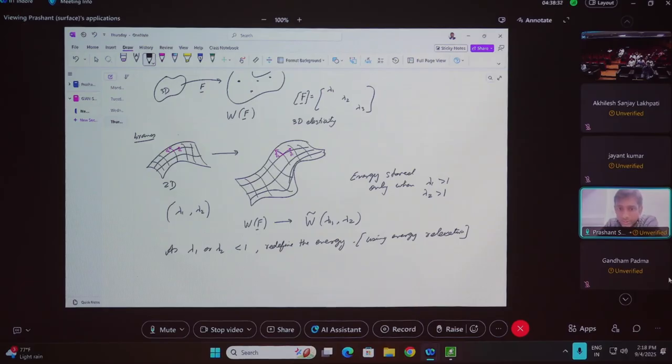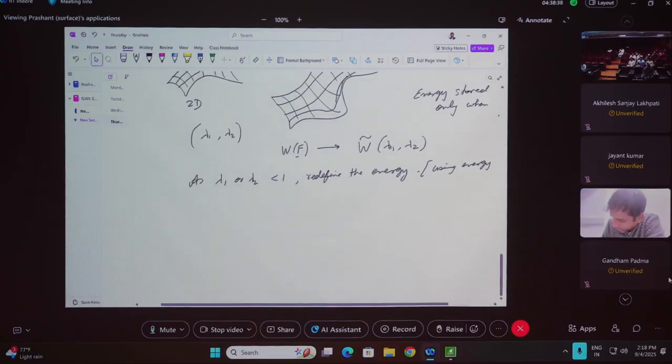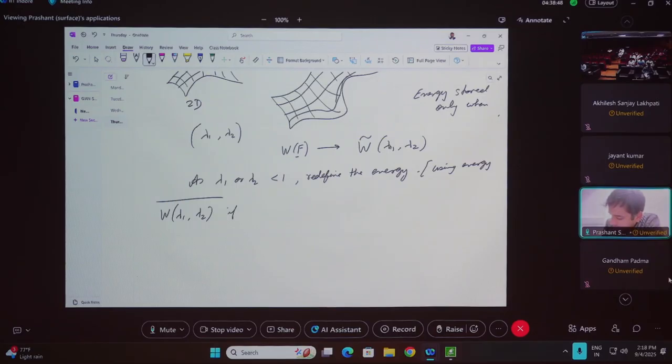So the change is quite simple. Let's say the energy was W of lambda 1, lambda 2. This is the energy if both lambda 1 and lambda 2 are greater than 1.